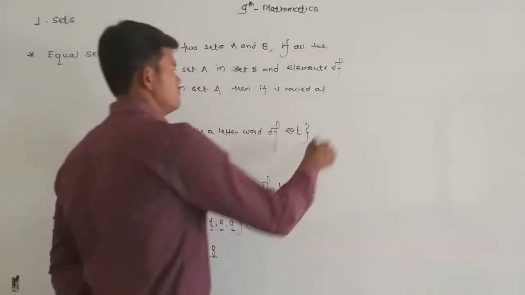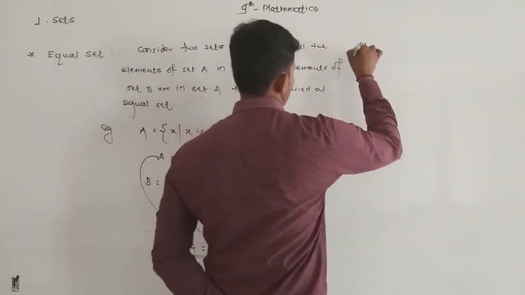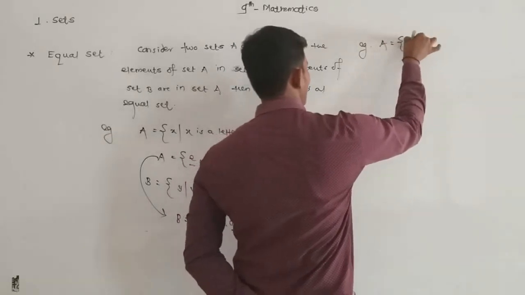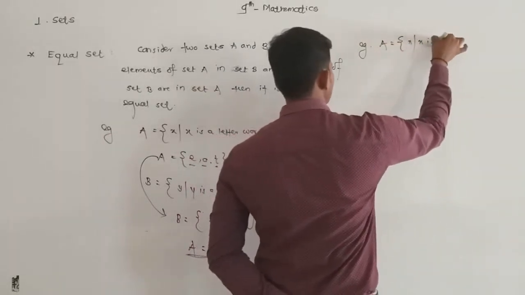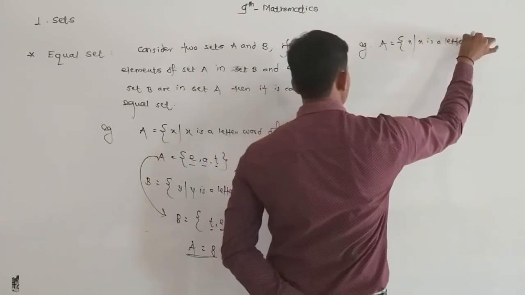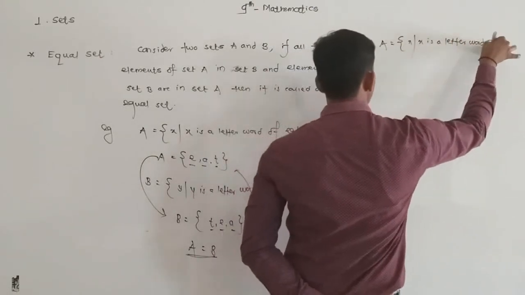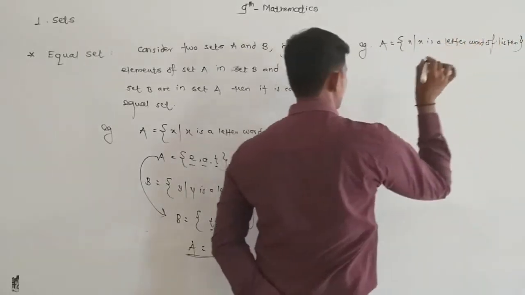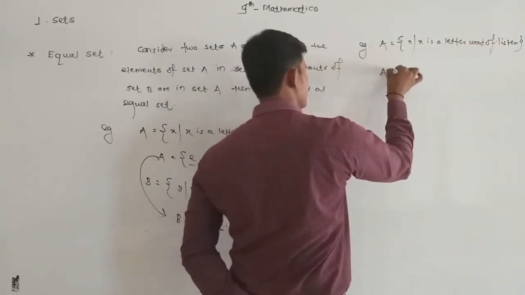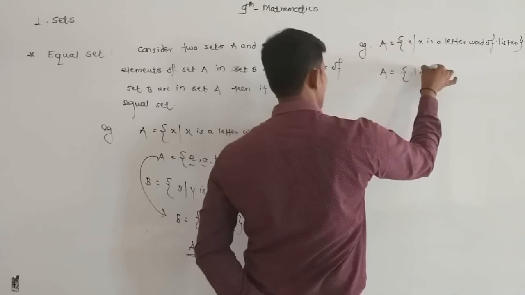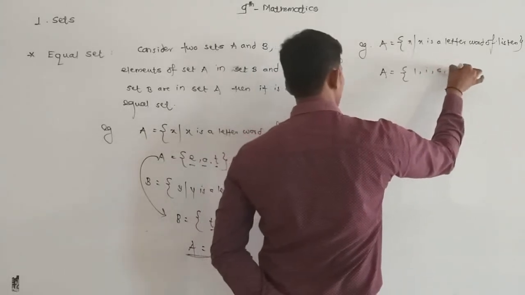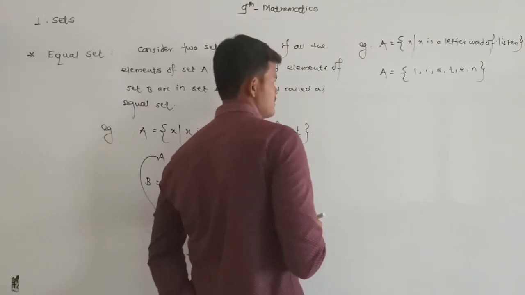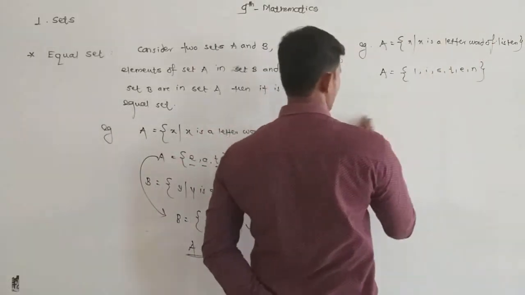Let's take another example. Set A is a set of all x such that x is a letter of the word listen. Write this set by using the listing method. So we get L, I, S, T, E and N as the elements that make the word listen.